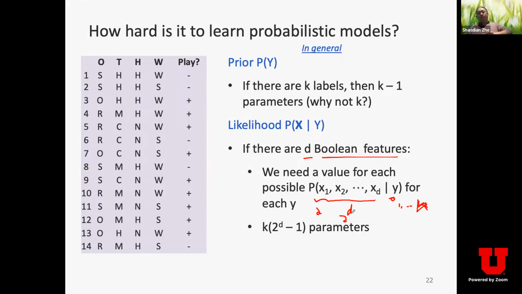Again, because the probabilities of all those 2 to the power of D configurations must add up to 1, to determine the probabilities you need 2 to the power of D minus 1 parameters. However, this is just for one choice of value for the label. You need to determine such a probability table for every possible label. So you got K labels, then the total number of parameters will be K multiplying the 2 to the D minus 1 parameters.